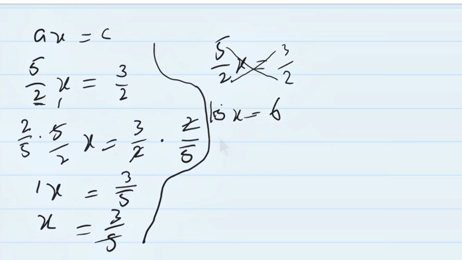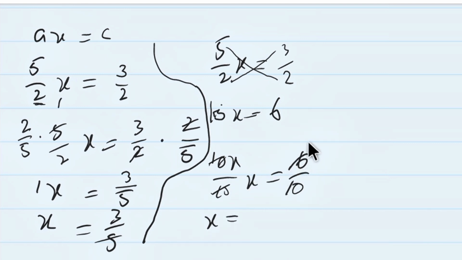So now we can simply follow another direct method to solve this equation, that is divide both sides by 10. 10x over 10 is 6 over 10. It's actually the same as multiplying both sides with the reciprocal of 10. So 10 will cancel out 10, so we will be left with x is equal to 3 over 5.